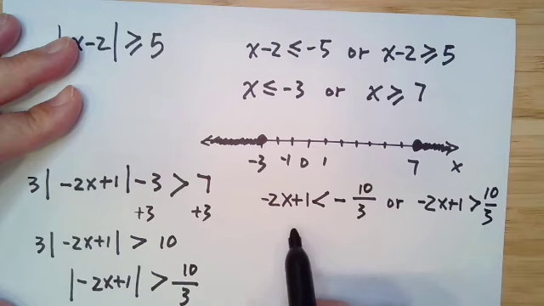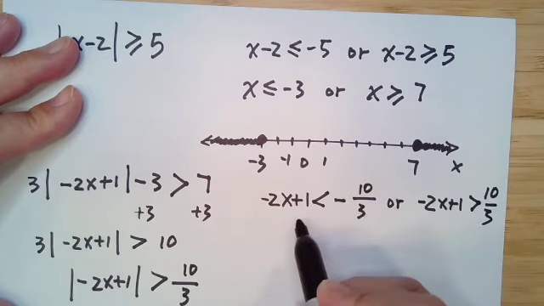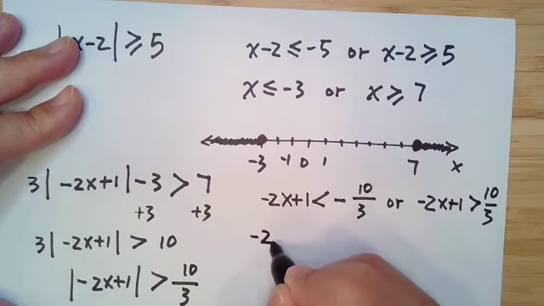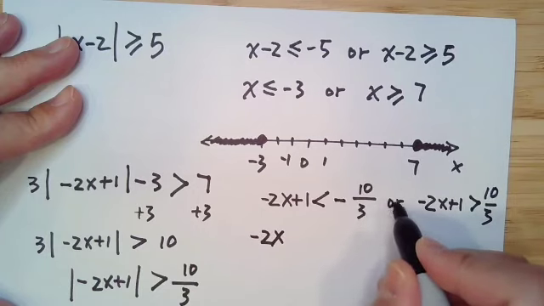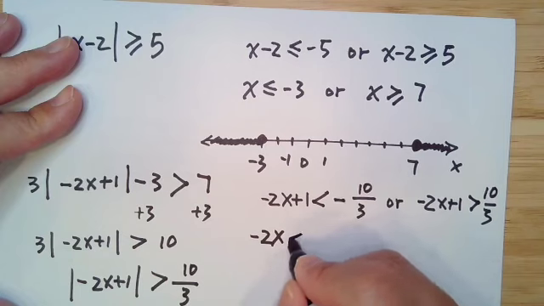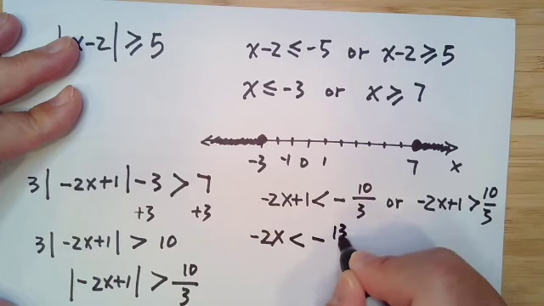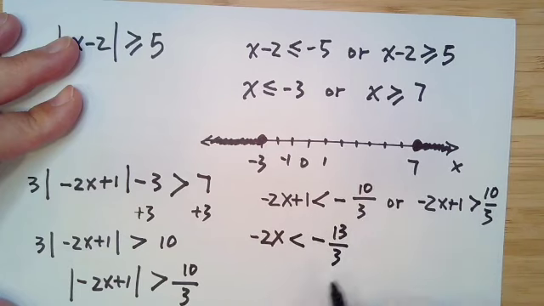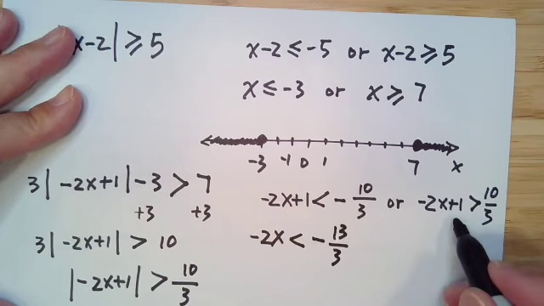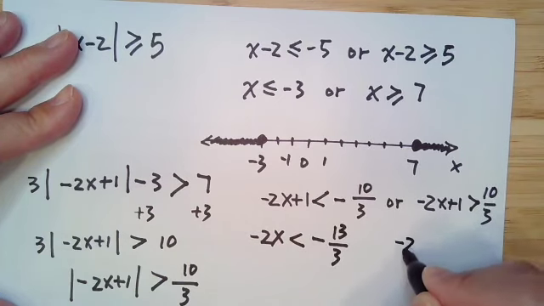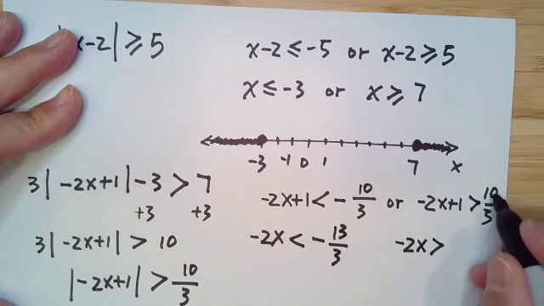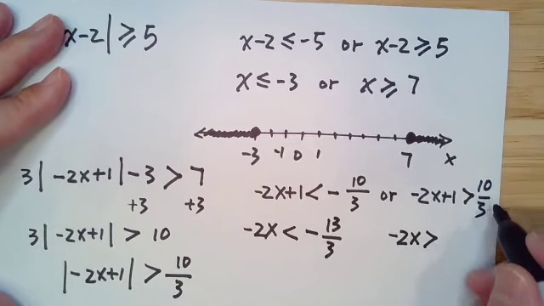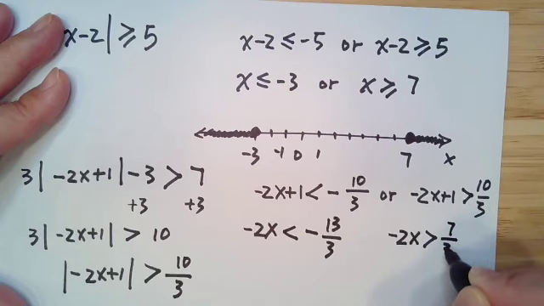And it's going to be very similar steps. We minus 1 first, so we have a negative 2x, and this one we minus 1, which means we minus another 3 over 3, so it's going to be negative 13 over 3. Okay, and this one same thing, we minus 1, so we have negative 2x greater than 10 over 3 minus 3 over 3, which is 7 over 3.